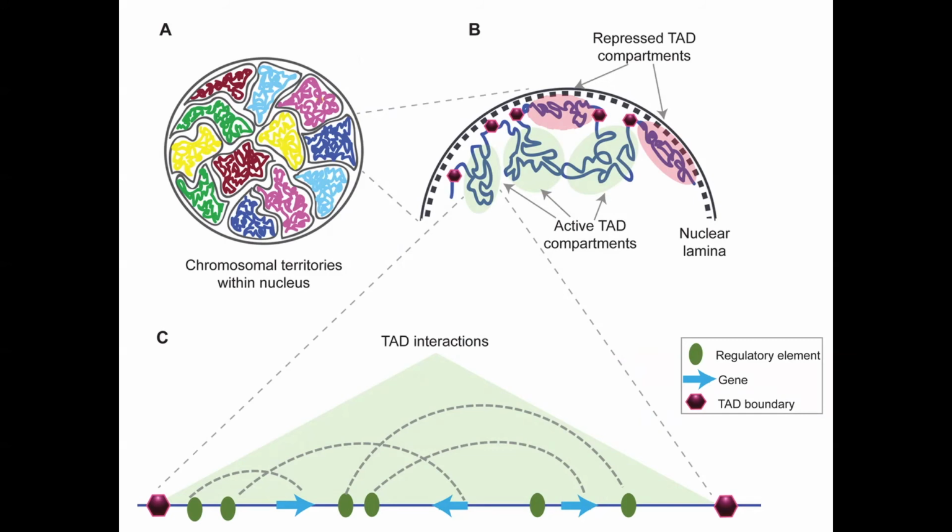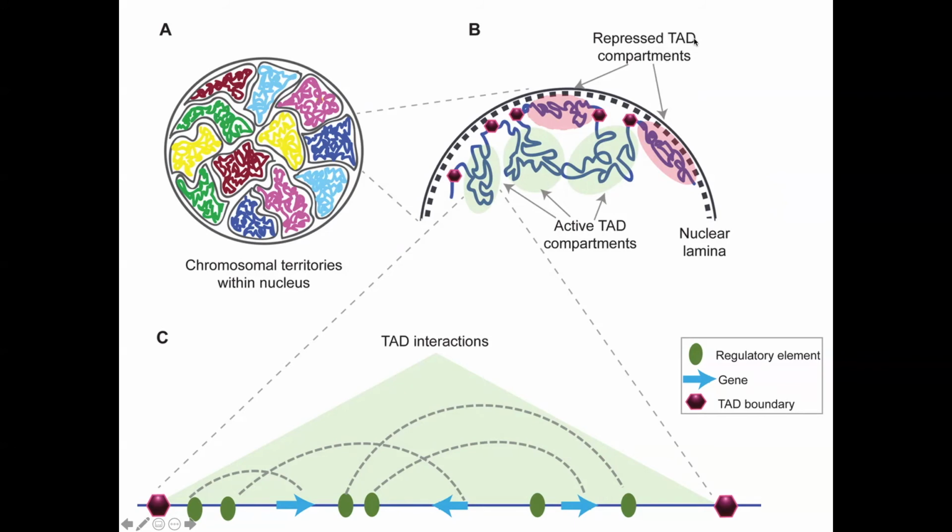In this figure, if we look further into each chromosome territory, as shown in B here, which is amplified, we can find structures named topologically associated domains, abbreviated as TAD, okay?